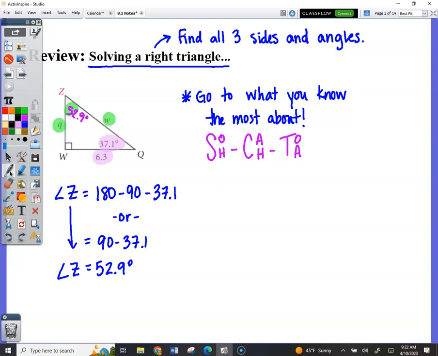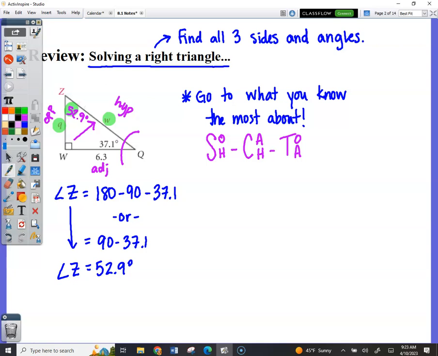So you position yourself from angle Q: how is side Q positioned? What's it considered? Opposite, adjacent, or hypotenuse? It's opposite, right? And then 6.3 would be adjacent, because this is the hypotenuse, right? Does that make sense?